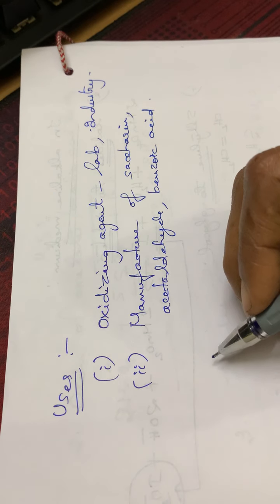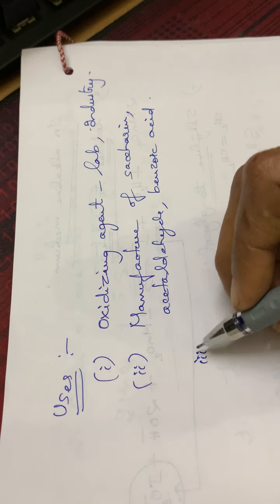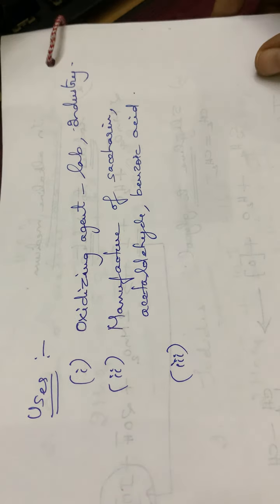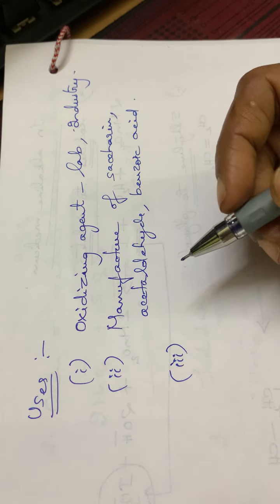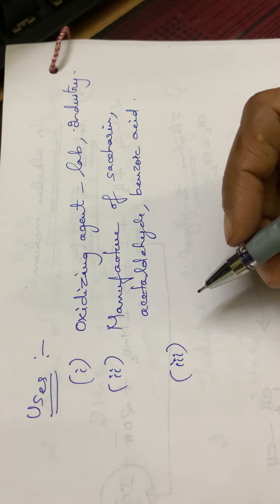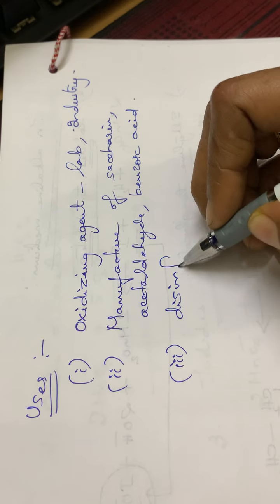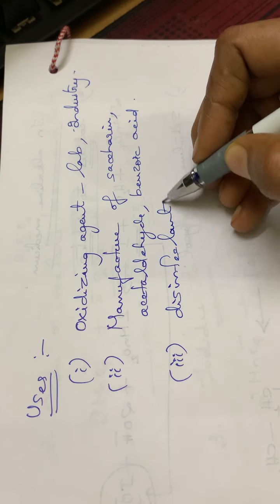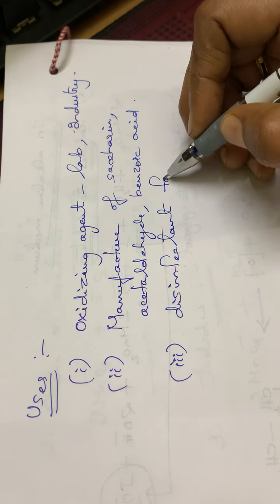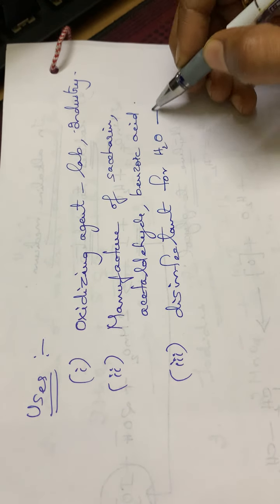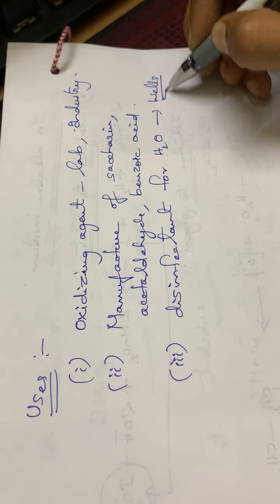Then the third one. Normally you have seen that sometimes in our wells we add KMnO4, potassium permanganate. That is, it acts as a disinfectant. Potassium permanganate acts as a disinfectant for water. Usually for our wells we use this potassium permanganate.